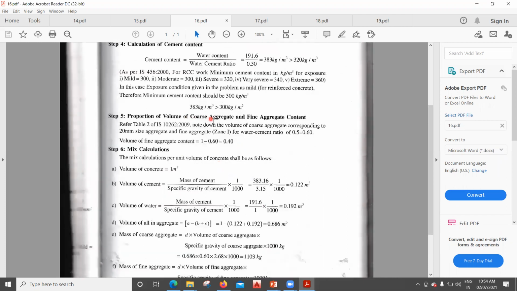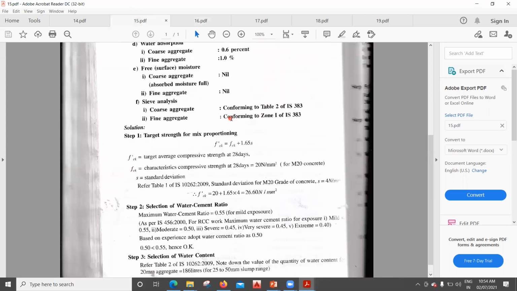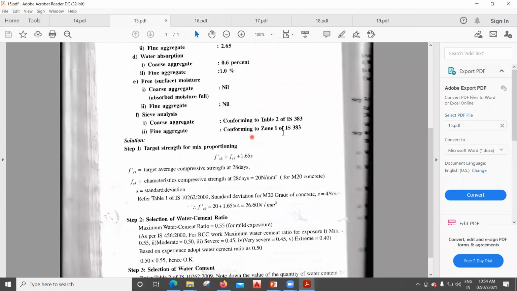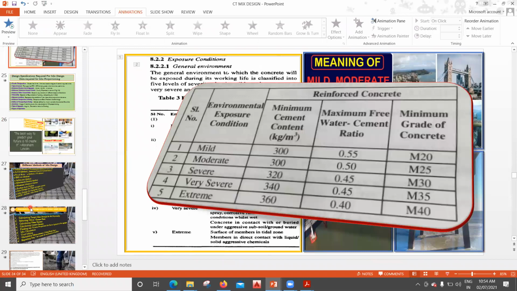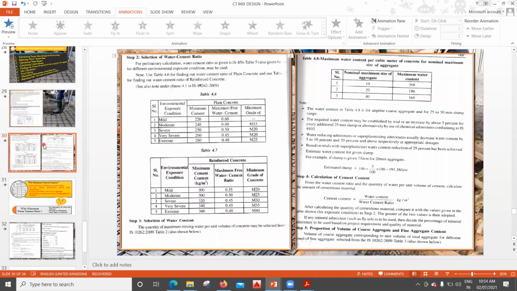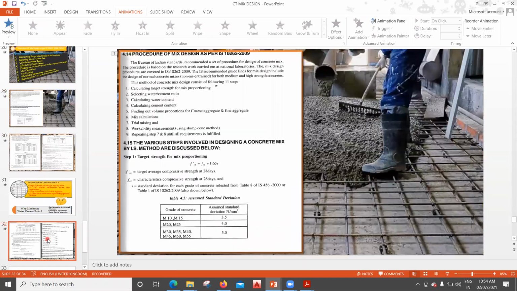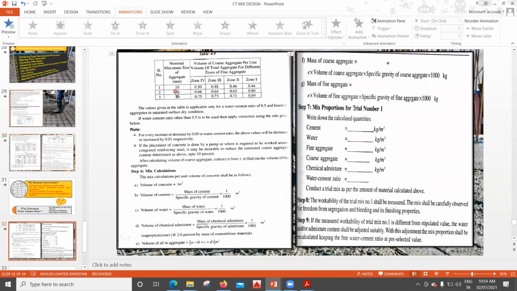Next is proportion of volume of coarse aggregate and fine aggregate. For this, you have to go back to the question again. It tells us the fine aggregate belongs to zone 1. Quickly we'll see that table. For 20 mm and for zone 1, the value is 0.60.